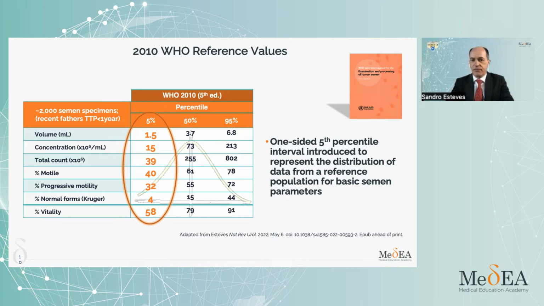Using data of recent fathers, the distribution's 5th percentile values of semen volume, sperm concentration, total sperm count, total motility, progressive motility, morphology, evaluated by the strict criteria, and vitality were chosen as the lower reference limits. This is what you see when you have reports on semen analysis. These reference ranges are presented for evaluating the patient profile and then comparing to the reference ranges.